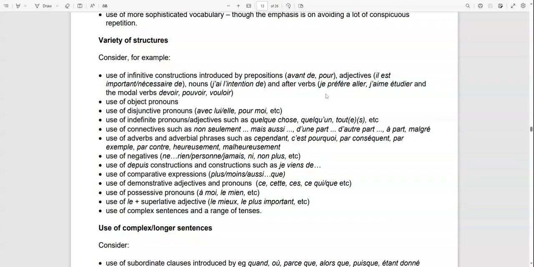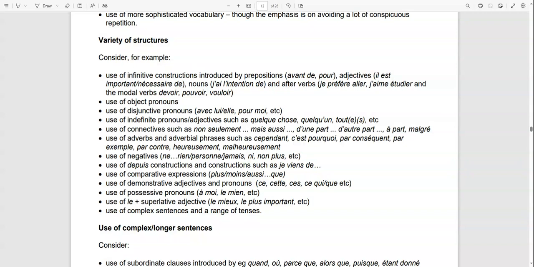In order to, for example, in order to go to university, pour aller à l'université. Phrases like il est, it is, followed by an adjective are a great thing to include, such as il est important de, it's important to, il est nécessaire de, it's necessary to, and you follow those with an infinitive.